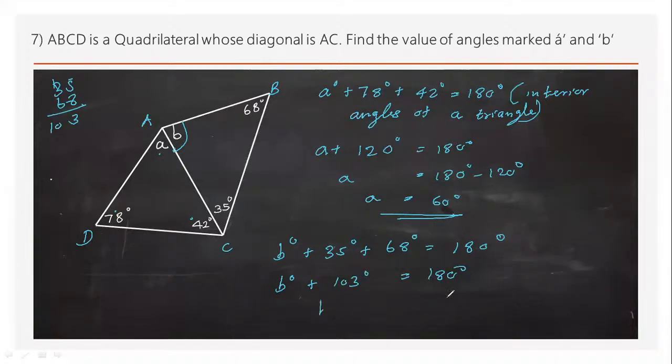B equals 180 minus 103. B equals 10 subtract 3, 7, remaining 7. 1 subtract 1, 0. Then what is the answer here? 77. A is 60. B is 77 degrees.